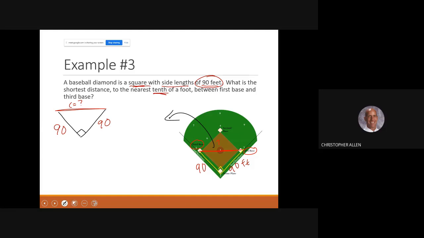Okay, so let's go ahead and see if we can figure this one out. What we want to do here is use the Pythagorean theorem. So a squared plus b squared is equal to c squared. This is a, this is b. By the way, it doesn't matter if you switch those around.